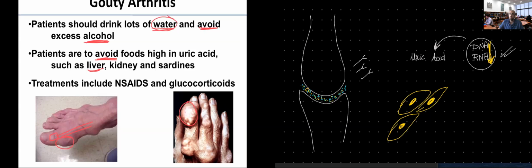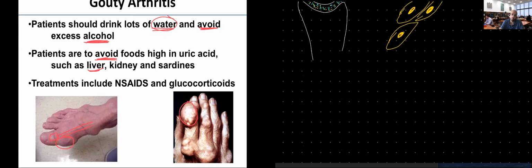It's not only vegan, because if you eat beans, each of them is going to have its DNA. So it's not about being vegan. It's about reducing the number of cells that you are ingesting.